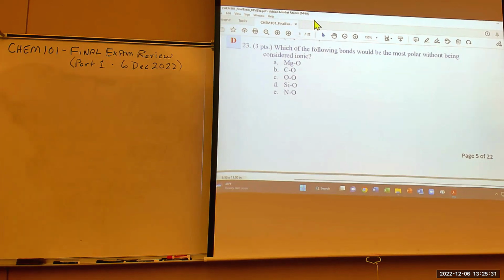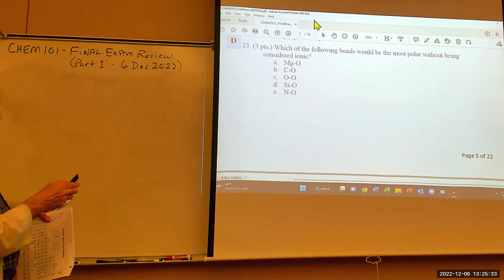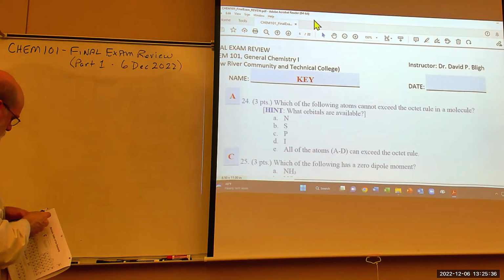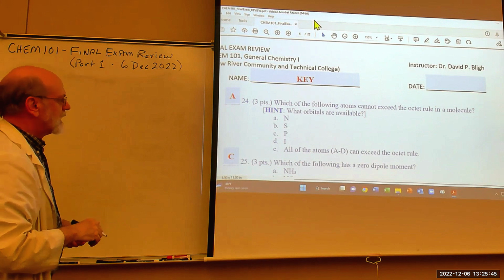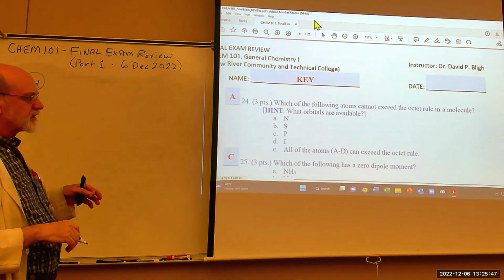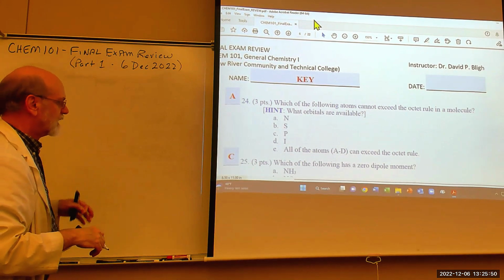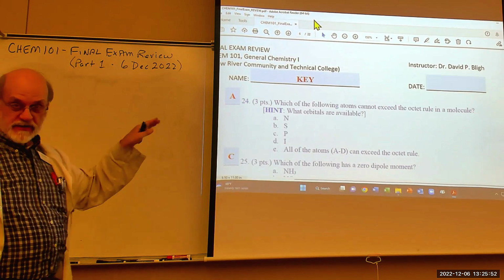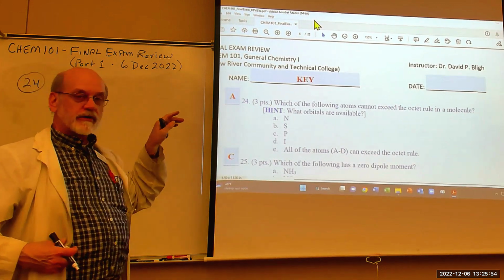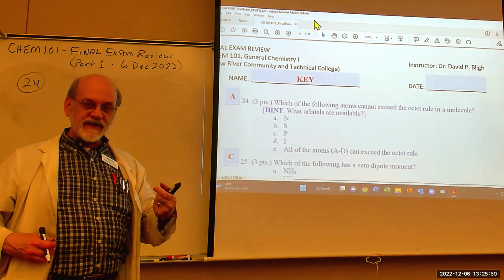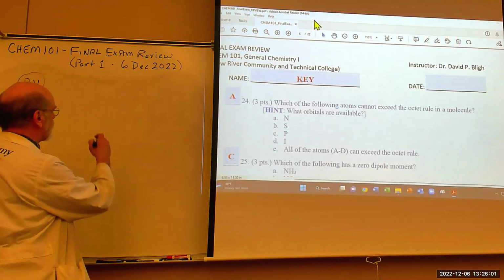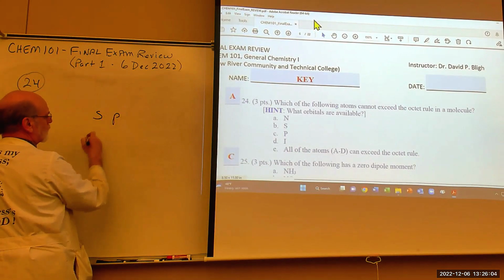All right, 23. Let's see. 24. Which of the following atoms cannot exceed the octet rule in a molecule? All right, there's a hint here. What orbitals are available? If you're going to exceed the octet, remember the octet is based upon s orbitals and p orbitals.